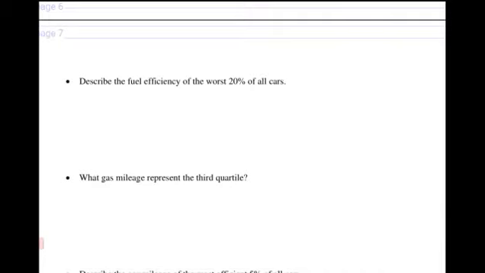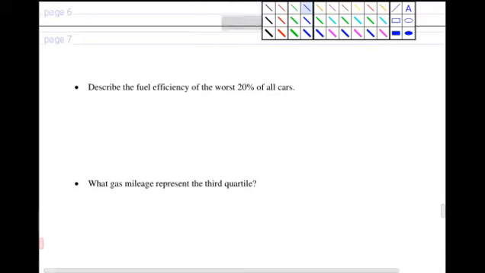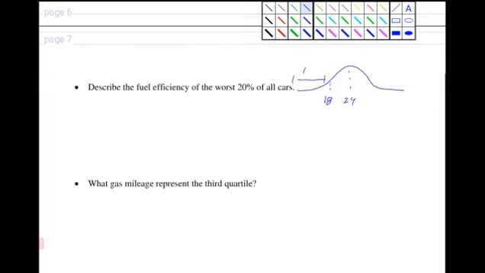Describe the fuel efficiency of the worst 20% of cars. As we've done on the previous examples, we need to sketch the curve. There's 24 miles per gallon. Now, 18 is one standard deviation away, which represents 16%.